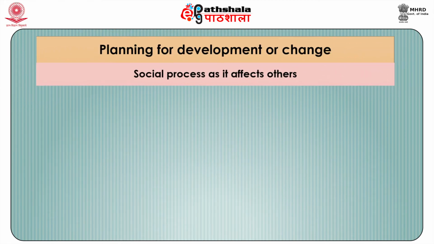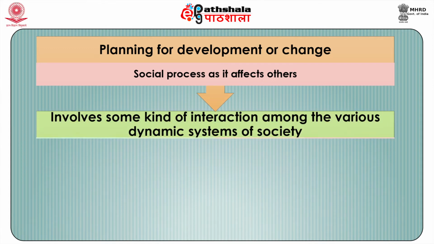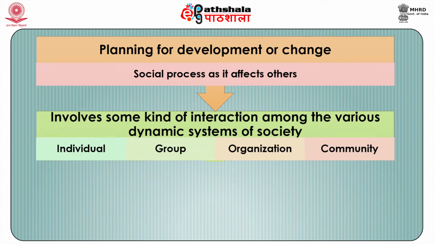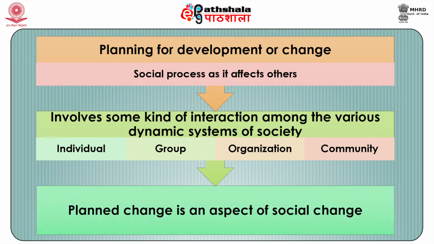Planning for development or change is a social process as it affects others. Planning is a social process as it involves some kind of interaction among various dynamic systems of the society, that is the individual, group, organization and community. According to Bennis, planned change is an aspect of social change.